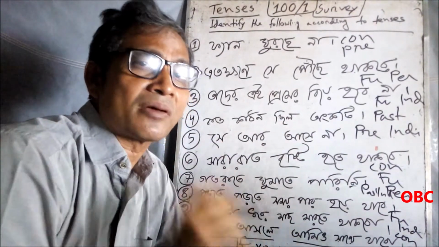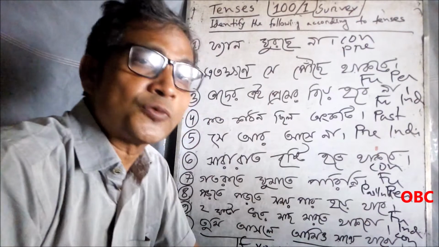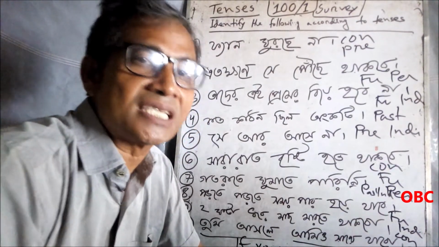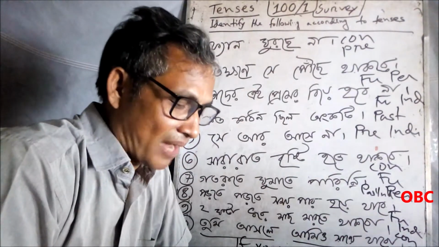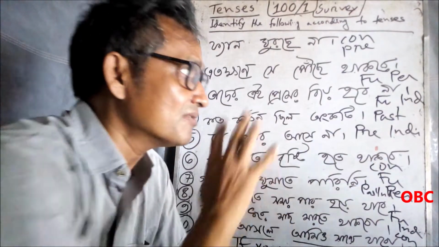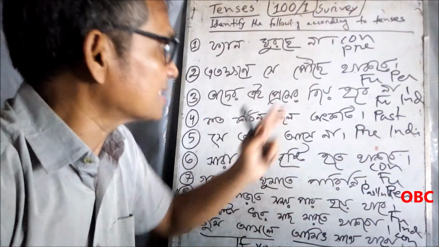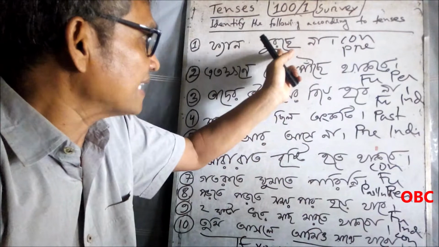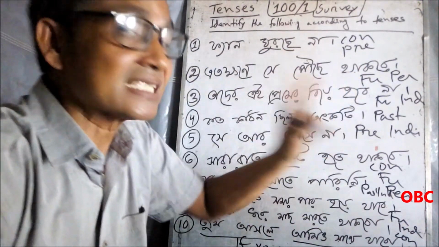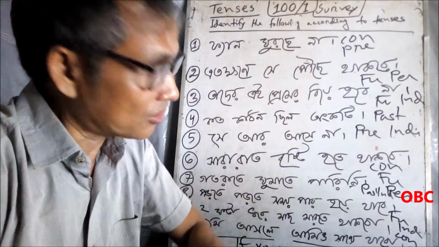I've been researching for 40 years. As it's been practiced for so many years, I have invented a special way. First you go through the sentence and find whether it is in continuous tense or non-continuous tense.